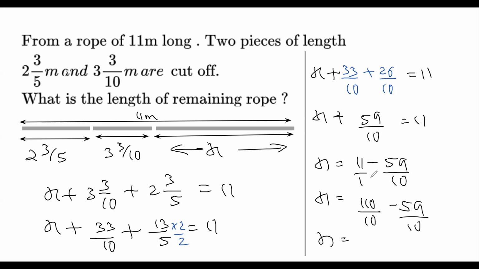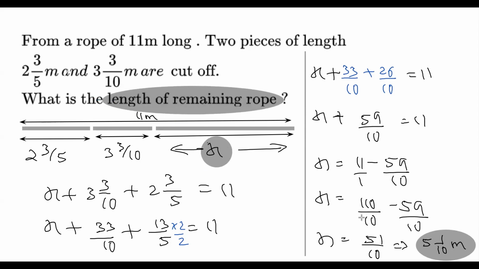So now we subtract 59 from 110, that is 51 over 10. This can be written in the mixed fraction as 5 1 over 10 meter. So this is the length of x, or we may say this is the length of the remaining portion.